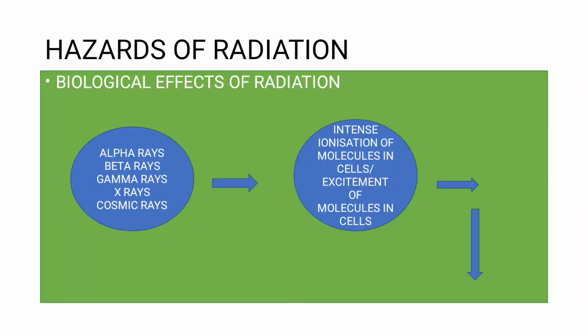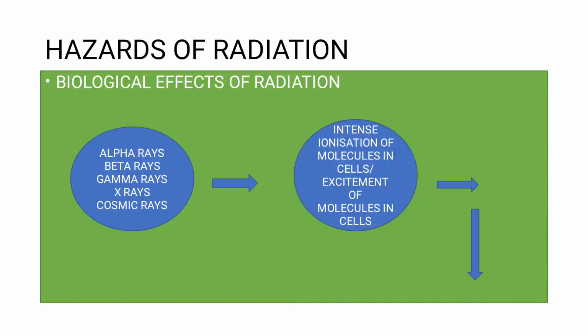As we know, our body contains 80% water. That water gets ionized and produces free radicals. These free radicals react with each other and also with organic molecules of cells, leading to the production of secondary chemical substances called peroxides.